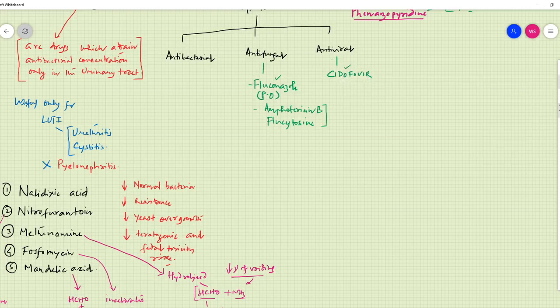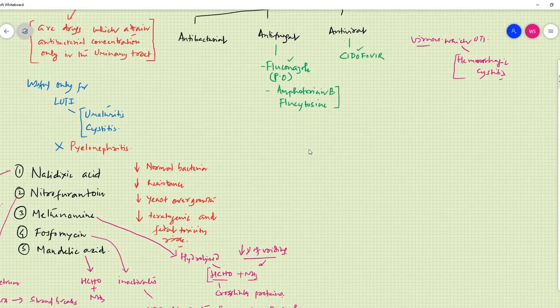What we need to remember here is the viruses which cause UTI usually cause hemorrhagic cystitis. So if there is massive hemorrhagic cystitis, then we need to suspect viruses as the causative agent.